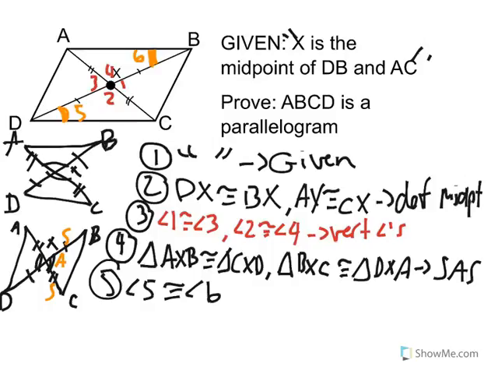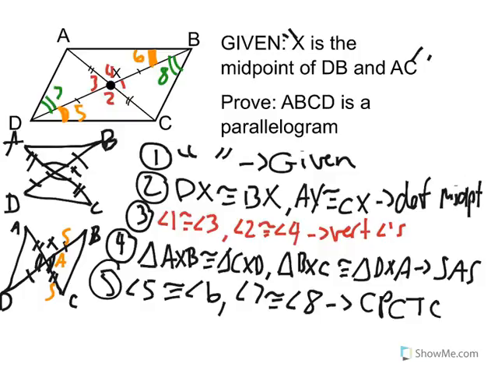And looking at the left and right triangles, those two angles would be congruent, so let's call them 7 and 8. Angle 7 is congruent to angle 8. And both of them are by CPCTC.